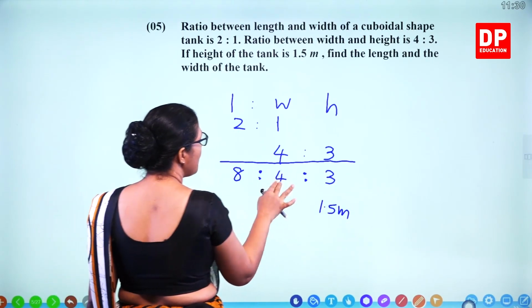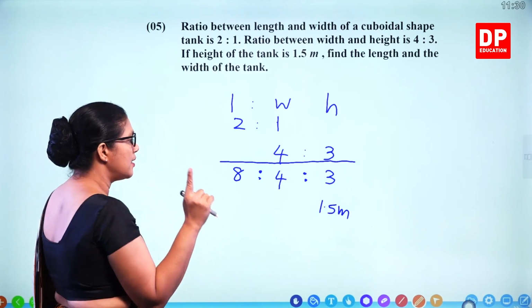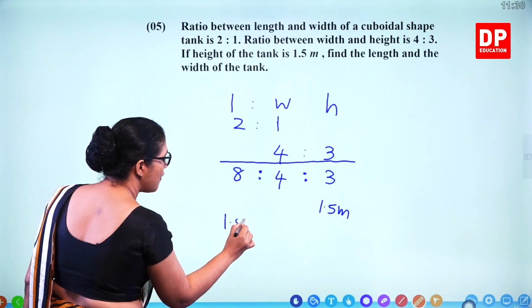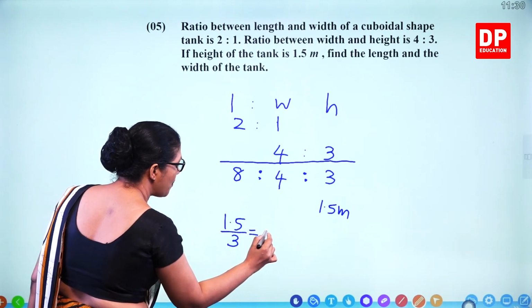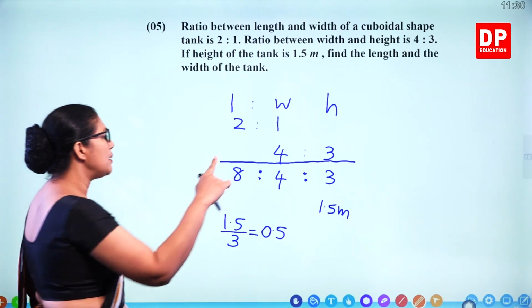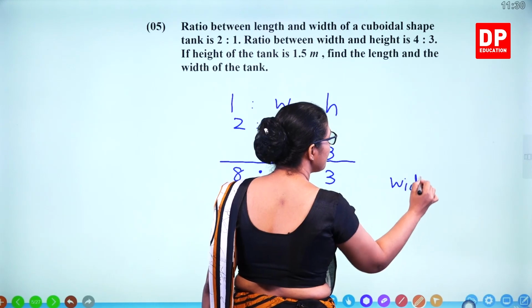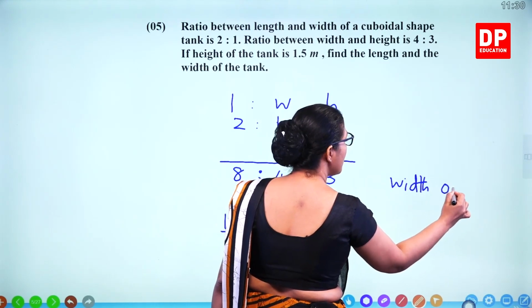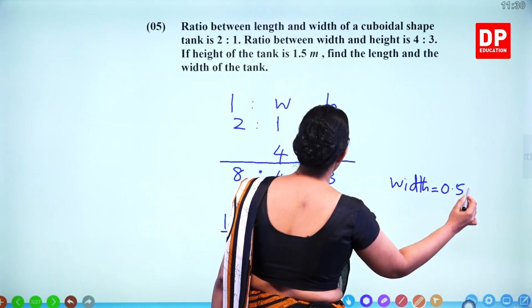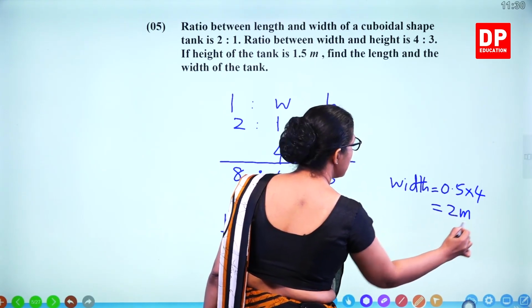How do you find out the other 2 parts? So you can find 1 part. That means 1.5 divided by 3. That's 1 part, 0.5. Multiplied by 4, you get the width: 0.5 multiplied by 4, that's 2 meters.